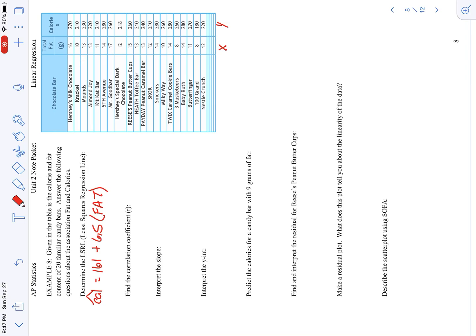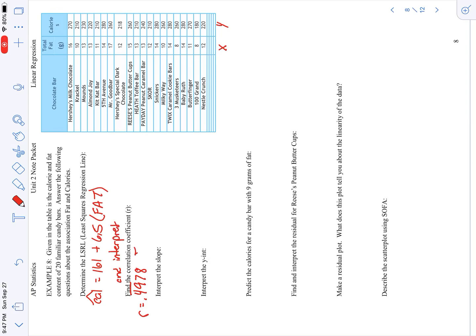We have determined the least squares regression line. All right, find the correlation coefficient R. If we went back to my computer output, which is what I was trying to do, that was 0.4978. It's never going to just say find, it's always going to be find and interpret. So we're going to add that in there.